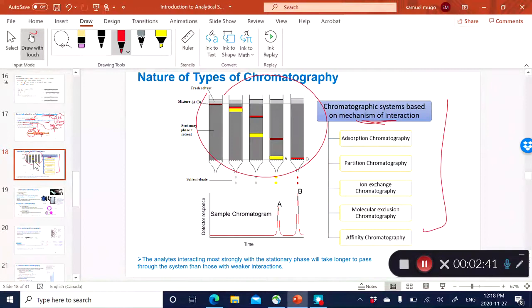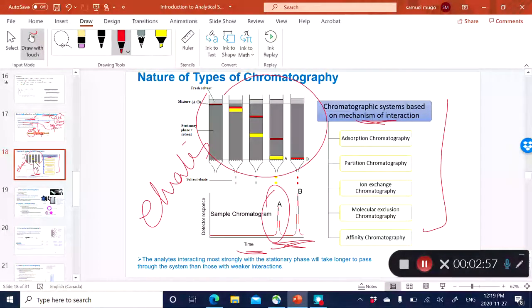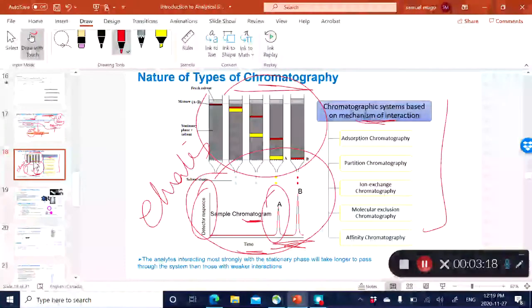Based on that preferential chemistry, the eluates come out at different times because they are retained at different times inside the column. And whatever you get in the end is what you refer to as a chromatogram, where you've got the detector response as a function of retention time, which relates, of course, to the amount of time the analyte spends inside the column.